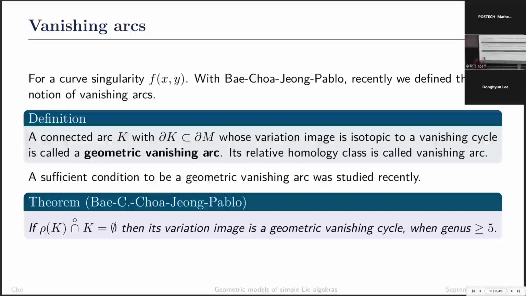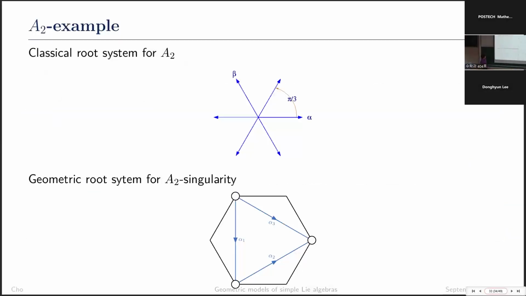When it becomes a vanishing cycle, this arc will be called a vanishing arc. In a recent paper with Bae, Chua, Jung, and Pablo, we found one sufficient condition, when genus is bigger than 5, to become a vanishing arc. But this does not apply in our cases because the genus is too high.